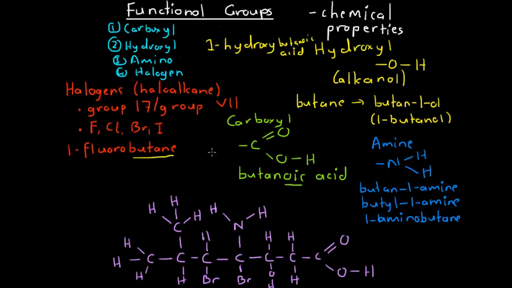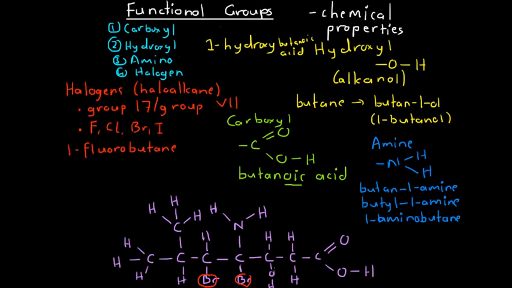So we're going to try and piece this together and name this really complex looking molecule down here. First of all, we identify all of the functional groups. We've got two halogens here, two bromine atoms.